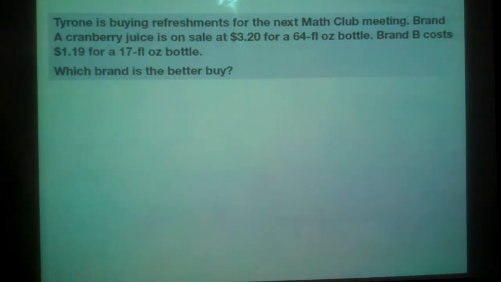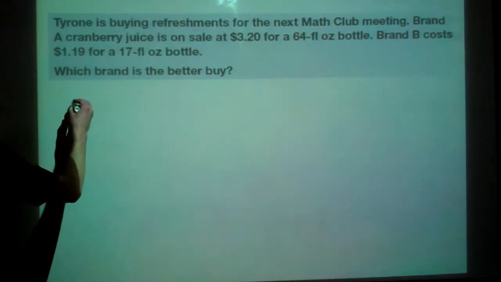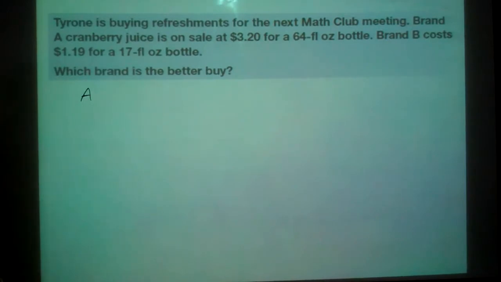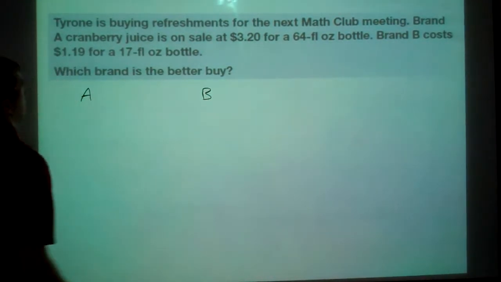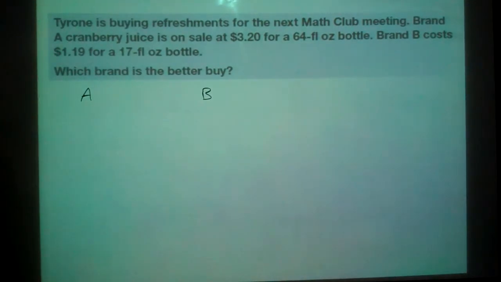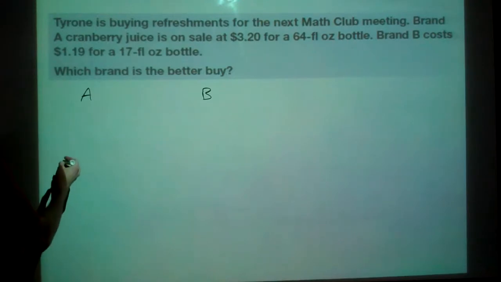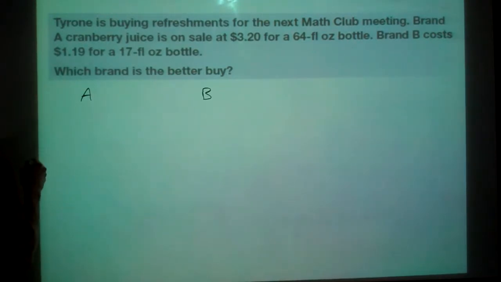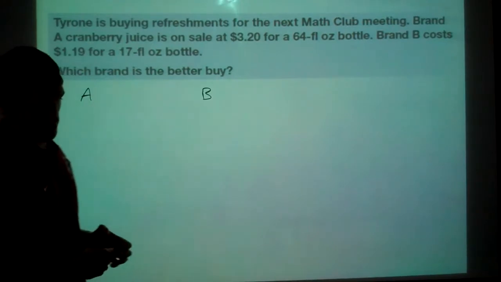There's a brand A, cranberry juice, so we'll say A, and then there's a brand B. Okay, it says brand A is on sale at $3.20 for a 64-ounce bottle. Okay, and then we've got brand B at $1.19 for a 17-ounce bottle.